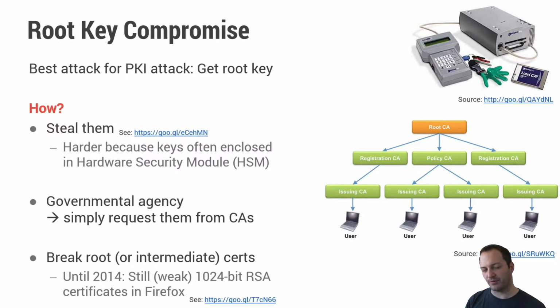What can also happen, and has happened a few times, is a so-called root key compromise. In a root key compromise, a certificate authority is attacked, and attackers try to extract private keys from hardware security modules. Such a hardware security module can look like the one you see here on the top right.